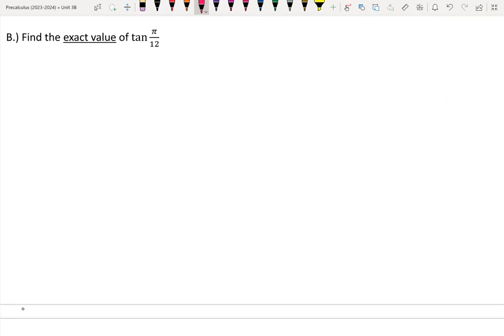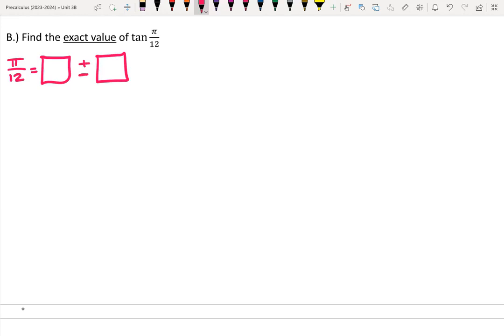So we want to take pi over 12, and we want to find two angles that I can either add or subtract together to get 1 pi over 12. Now, if I am wanting to get 1 pi over 12, am I going to want to add or subtract two numbers to get 1?